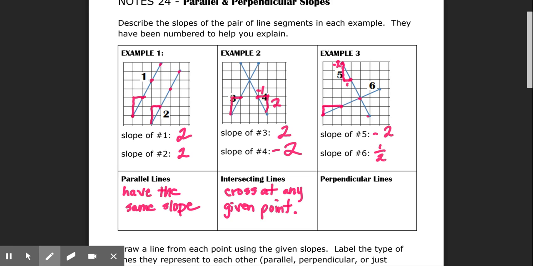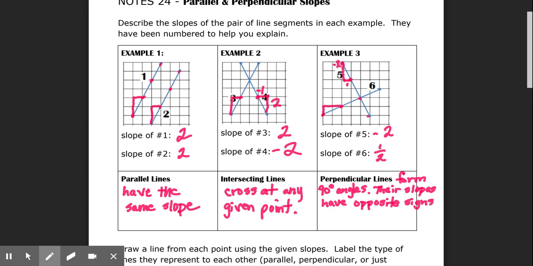So perpendicular lines, this is going to be quite a bit here, so you need to write small, form 90-degree angles, their slopes have opposite signs.